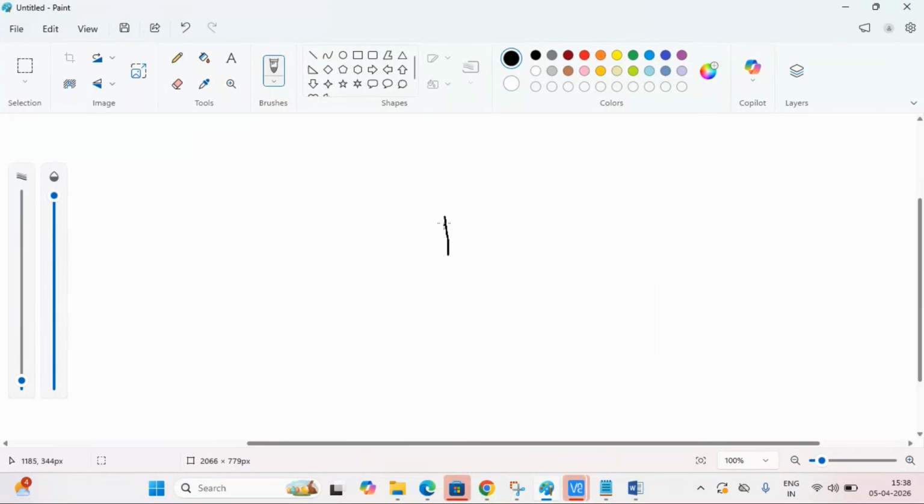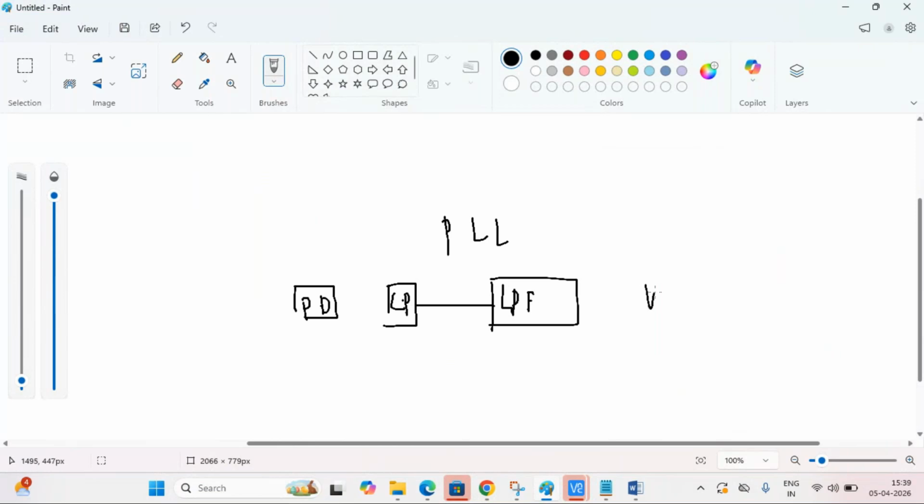Or any PLL also. It is also a big project. We have a phase detector, a charge pump, an LPF (low pass filter), a VCO (voltage controlled oscillator), and a frequency divider.